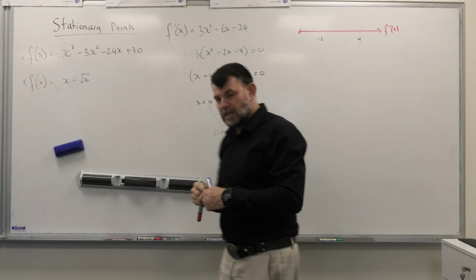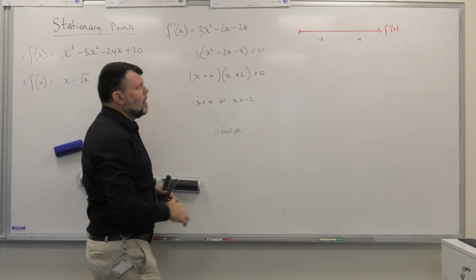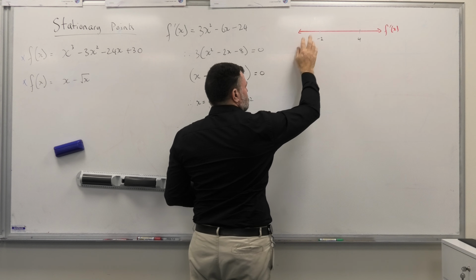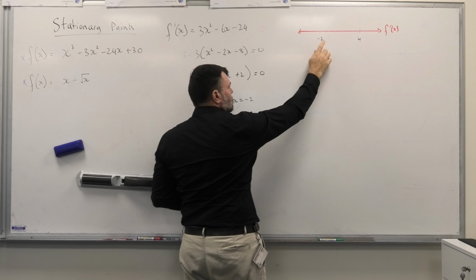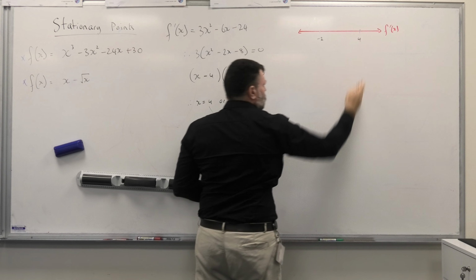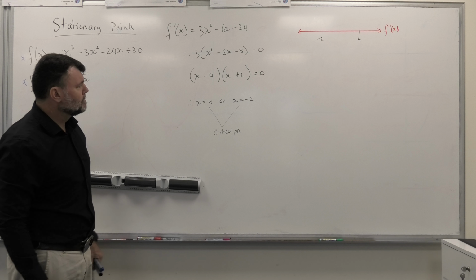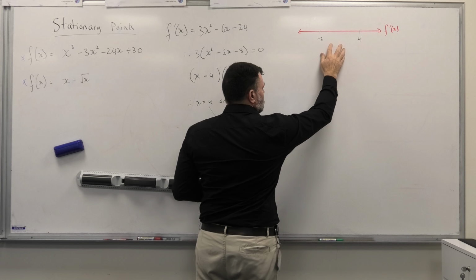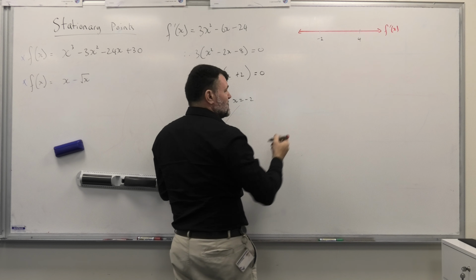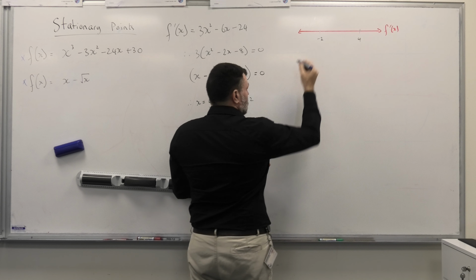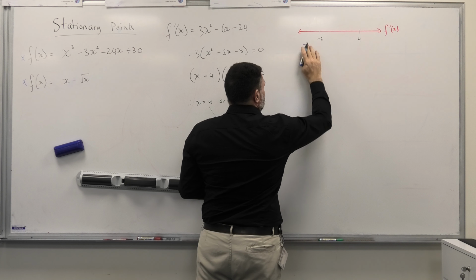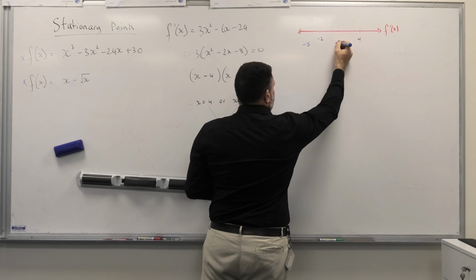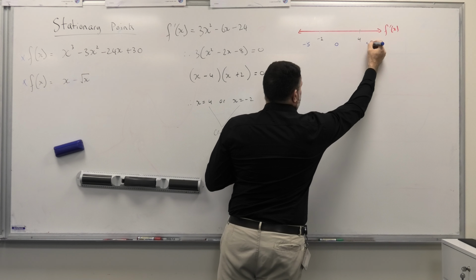So what we need to do here is work out how this graph is looking when it's before -2, what it looks like between -2 and 4, and then what it looks like after 4. So we're going to take a number that's less than -2, a number between -2 and 4, and a number greater than 4. So we might say, let's plug in -1 here, or actually, we'll do -5, 0, and then plug in maybe 5 here.